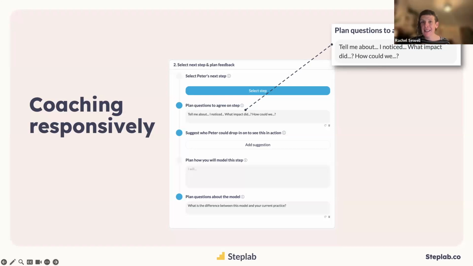Yeah, exactly. So the key thing is that to coach responsively, you're going to plan a prompt for each of these things. So you're going to plan, tell me about the moment when you taught the word alliance. And then you're going to have ready, I noticed that 2 students gave you imprecise definitions of the word alliance when you asked them to guess. Those definitions were this.